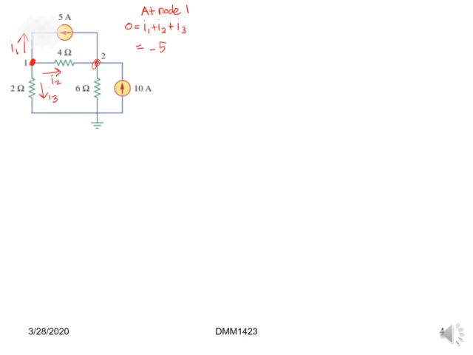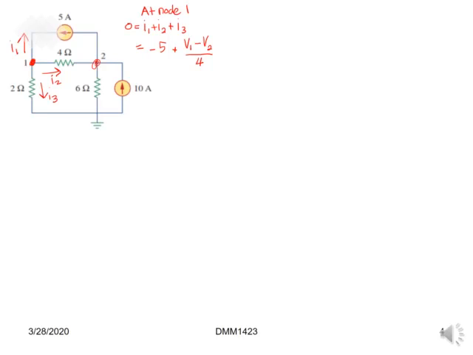Now we look at the current flowing at I1. The current in I1 is in the opposite direction to the 5 ampere current source, so we can write it as negative 5 ampere. Then look at the current at I2.